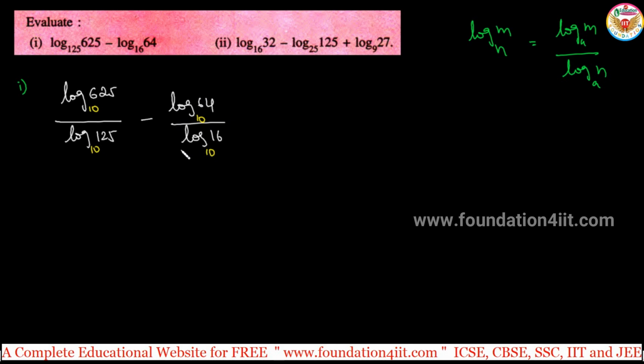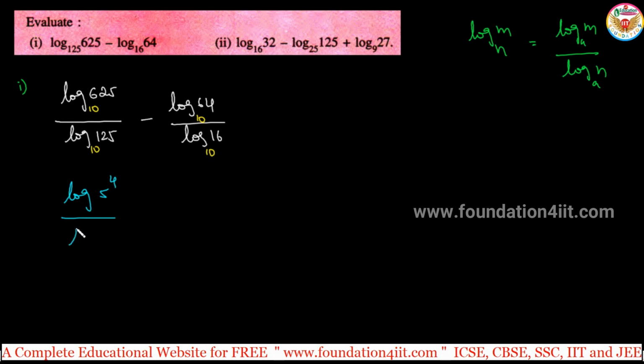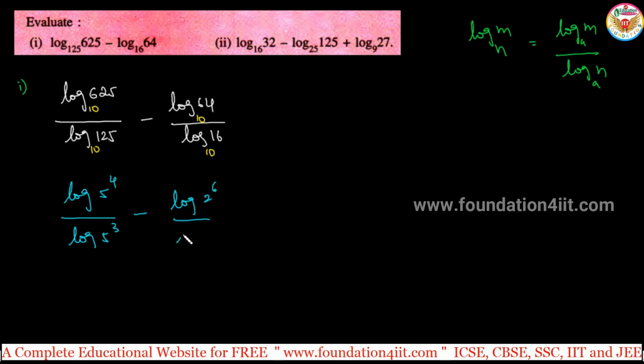Not mentioned, so take the base as 10. Next, we can write in exponential form. Log 625 is 5 to the power 4 by log 125 is 5 to the power 3, minus log 64, we write 2 to the power 6, by log 16, which is 2 to the power 4.